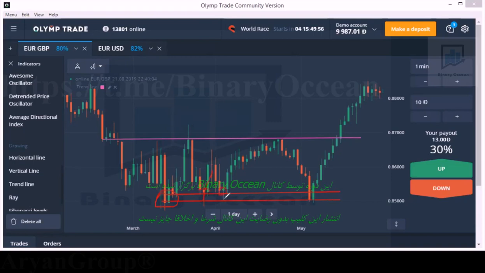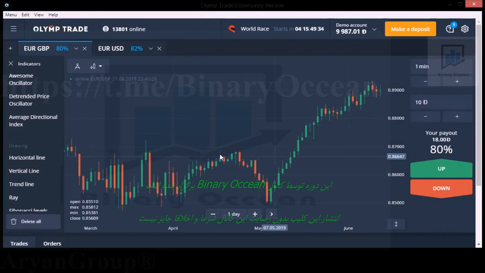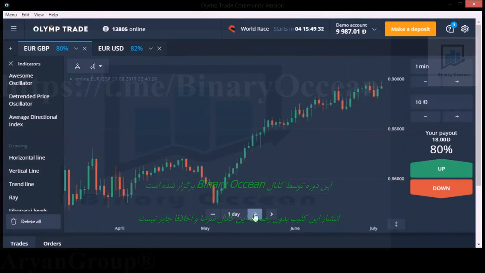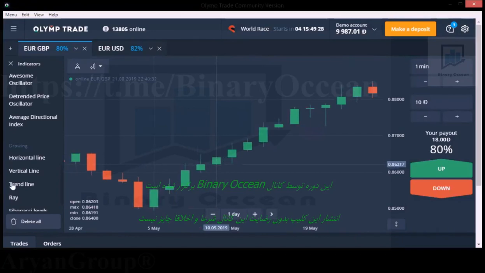So we can enter here, the rejection point and a reversal point will be our take profit point. You can exit from the market here by seeing these two levels. This is your entry point. And here, if you see any strong bullish momentum, then avoid to trade at the levels, because it may give you a losing trade. It may break the level very easily if you see any strong bullish momentum.